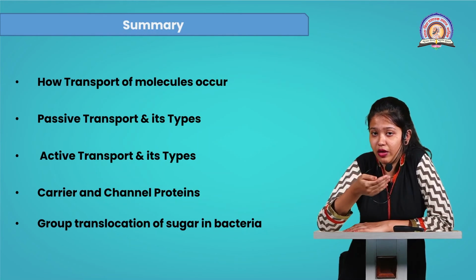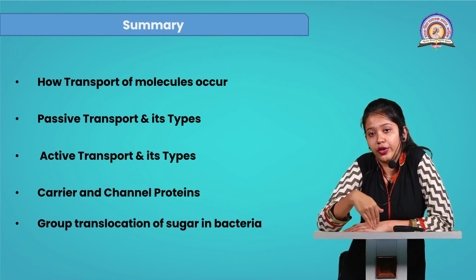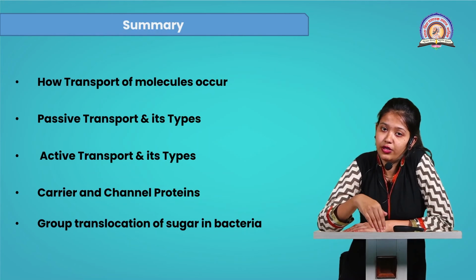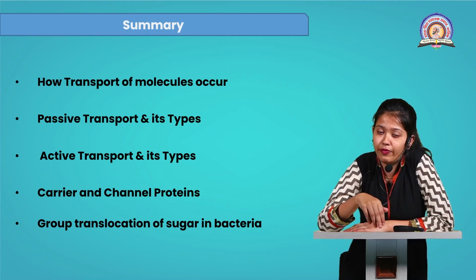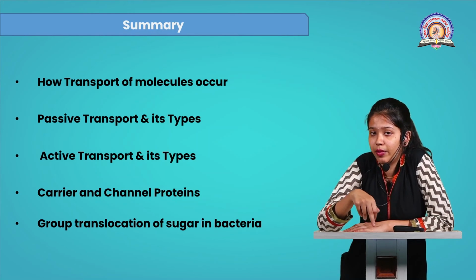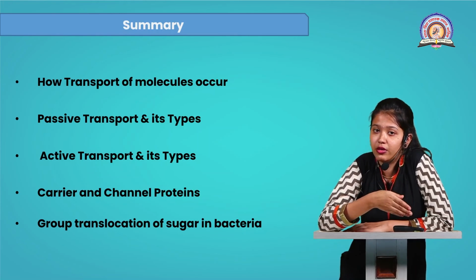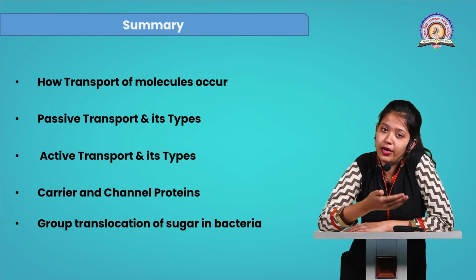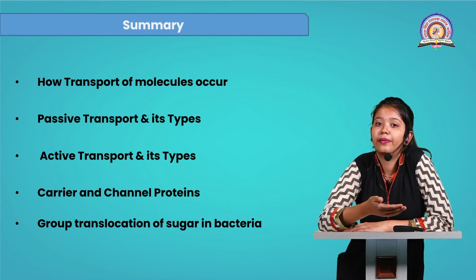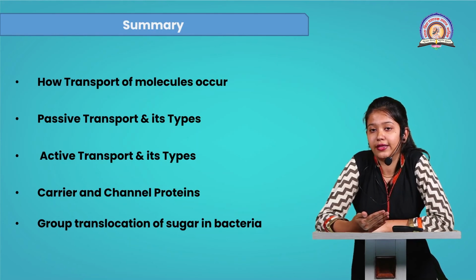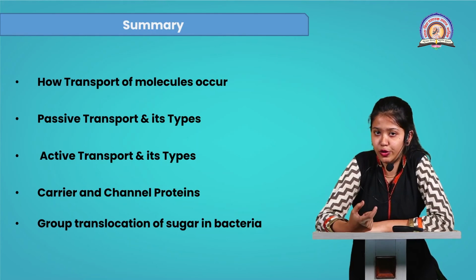Firstly, enzyme E1 helps, then E2 helps, and then E2B helps. The first one is also called HPr, that is, a heat stable protein. Why? Because it is a heat stable protein. It helps to transfer the phosphate group from PEP to another, that is E2A, and it has a histidine residue in its cytosolic domain.